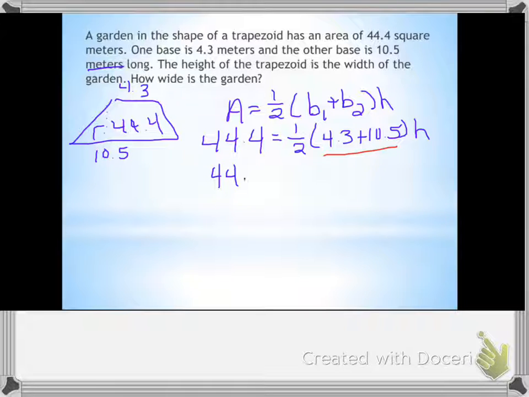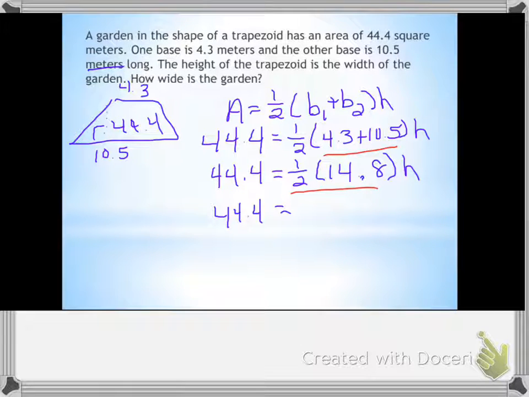That has not changed, even though we're kind of working backwards and solving for the height. 4.3 plus 10.5 is 14.8, and it's still times height. I'm going to go ahead and figure out 1/2 of 14.8. So my 44.4 stays the same. Half of 14.8 would be 7.4 times height.